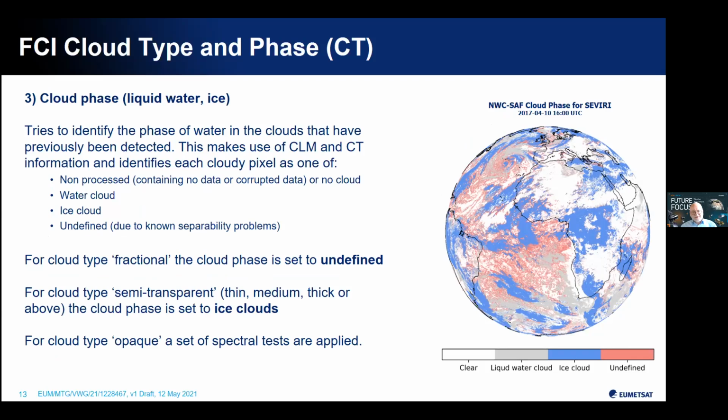We have, of course, then also the information not processed because there is no cloud or there is no valid data, etc. Then we have water cloud, ice cloud, and in the separation it can happen that you cannot define the cloud phase. For the fractional clouds from the cloud type, the cloud phase is set to undefined. Semi-transparent clouds are generally identified as ice clouds.